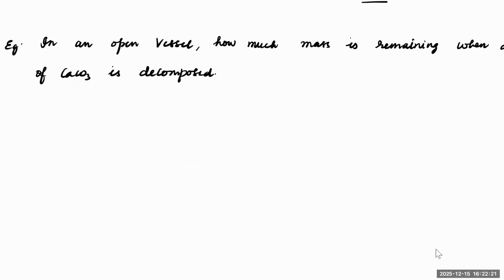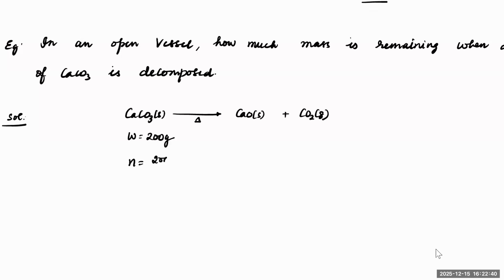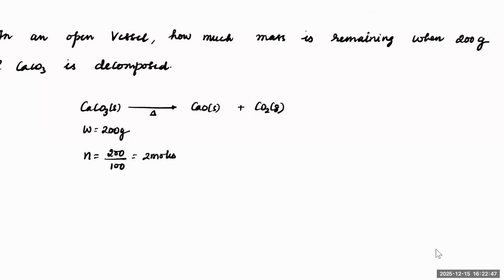So you will take calcium carbonate, you heat it strongly, it will become calcium oxide plus CO2. The weight is 200 grams, which means the number of moles is 200 by 100, which makes it 2 moles. Since this is 2 moles, you know that carbon dioxide escapes into the atmosphere. So what is left is only calcium oxide.